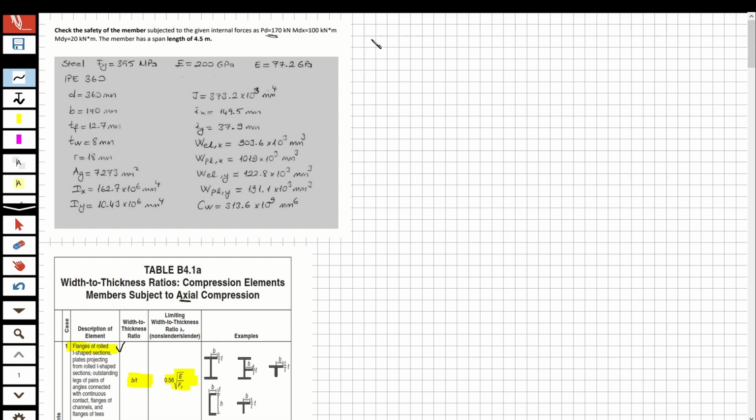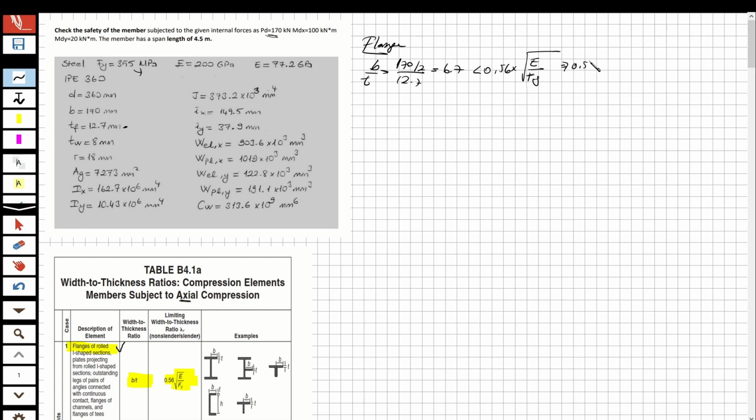For the flange, it's going to be b over t equal to 170 over 2 over the thickness of the flange, 12.7. Look here, 12.7. And this is equal to 6.7, smaller than 0.56 multiplied by the square root of the modulus of elasticity over Fy, and Fy is 355.